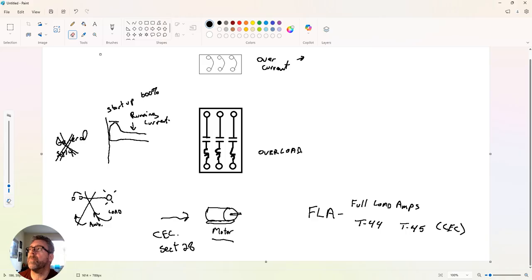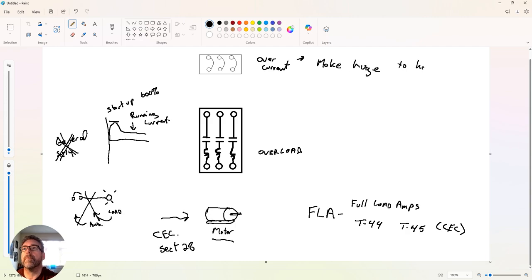So we're going to have to increase. We're going to make these huge to handle the inrush, and that's the startup current.